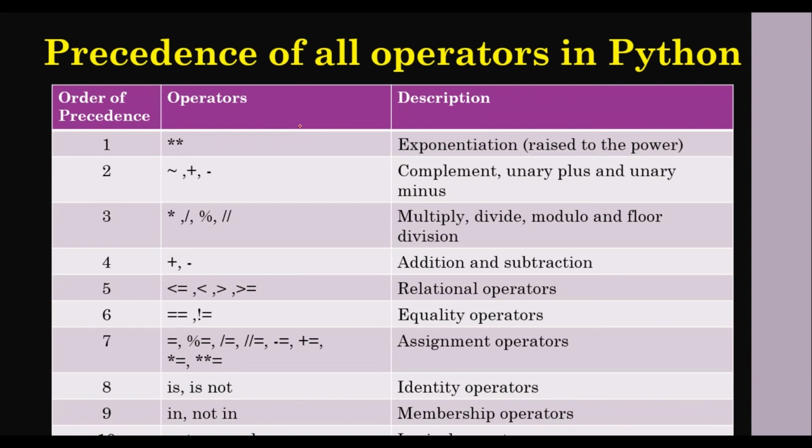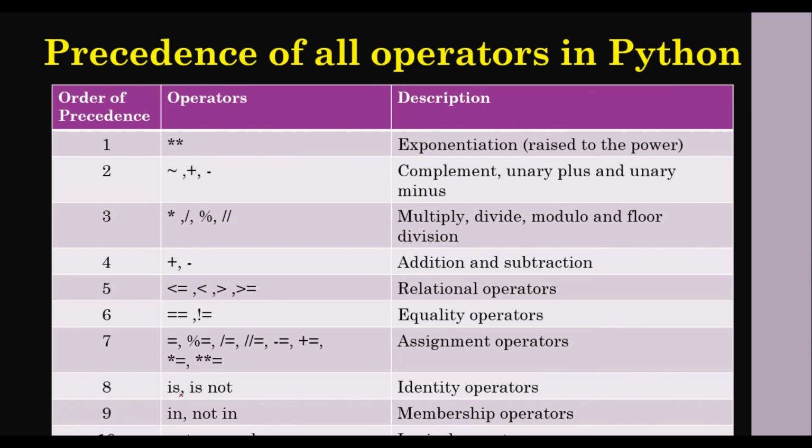Next we are going to discuss the precedence of all operators in Python, and here we have the order of precedence. The highest priority is given to exponentiation. In the arithmetic operators, the highest precedence is multiplication, then division, then modulo and floor division. Similarly, then addition, subtraction and so on.